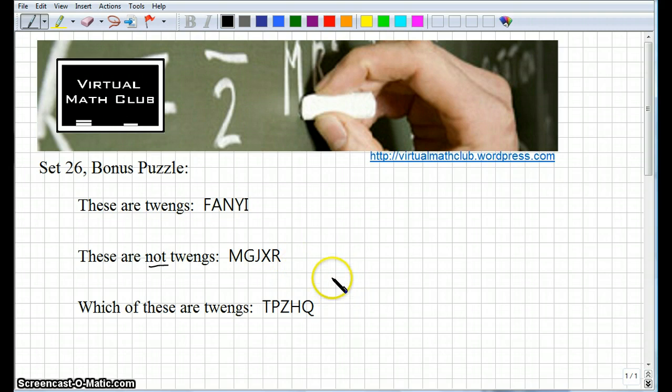I actually got this problem from a friend of mine. She emailed it out to an email group that I'm on, and I like puzzles, so I was trying to figure this out. I was going through the alphabet and numbering it, trying to find some relationship between where these letters fall in the alphabet. I was trying to look at their corresponding lowercase letters.